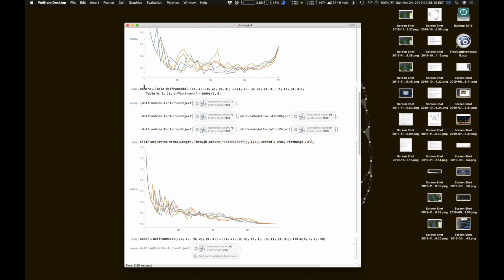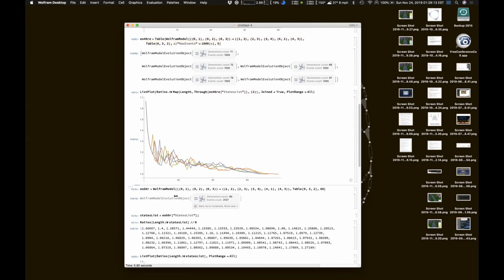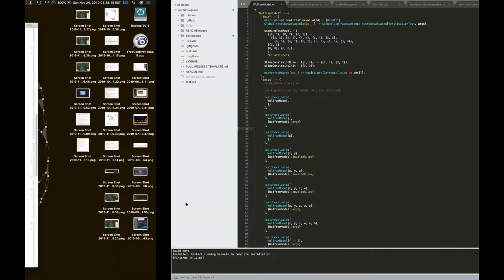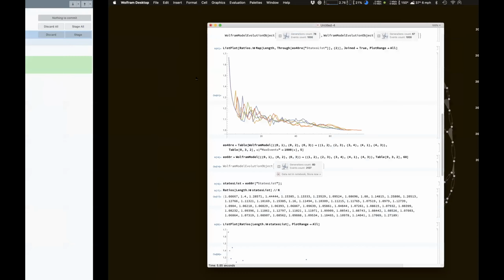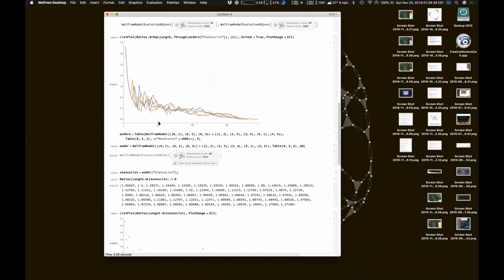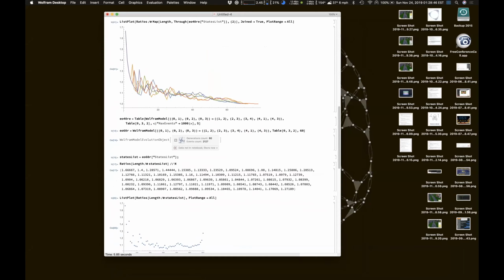Actually, it depends on what it means by random updating. I pick the random match at every step from the entire set of matches. So it's uniform, to the extent that rand from C++ is uniform.